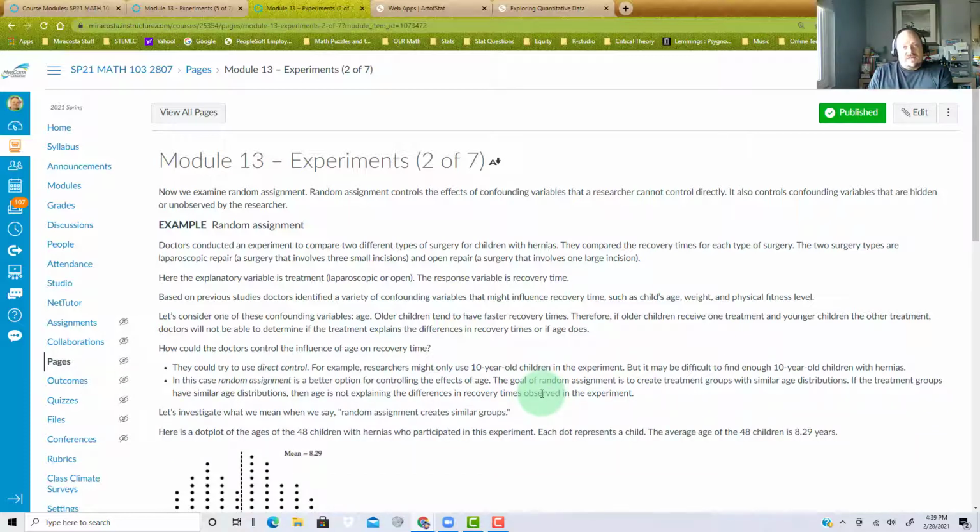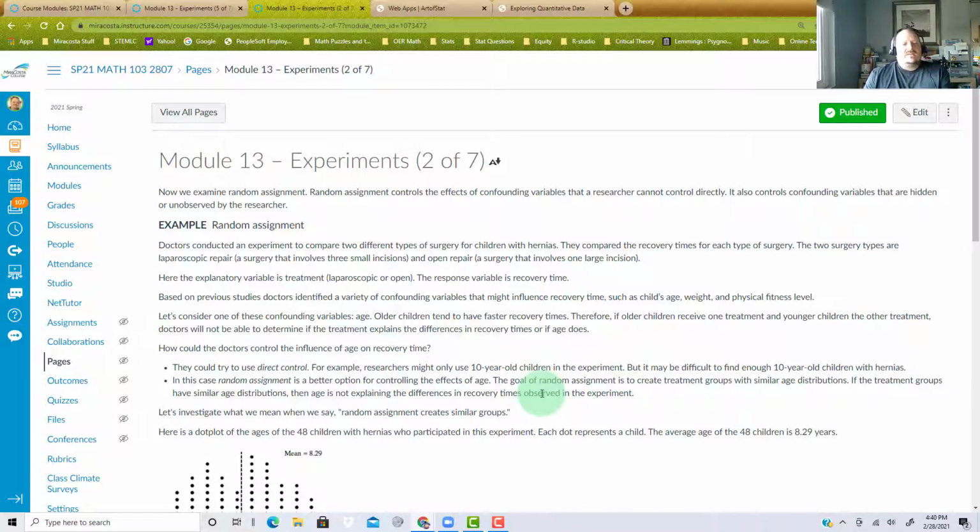Again, if you randomly select, but then you don't randomly assign, you really bring up those confounding variables. So for example, if you had randomly selected people from Miracosta College, and then you said, okay, I'm going to split them into two groups, and at the end of that, all of the women were in one group and all the men were in another group, you wouldn't really be able to say that's a great distribution of people between the groups, because now it brings up perhaps another confounding variable.